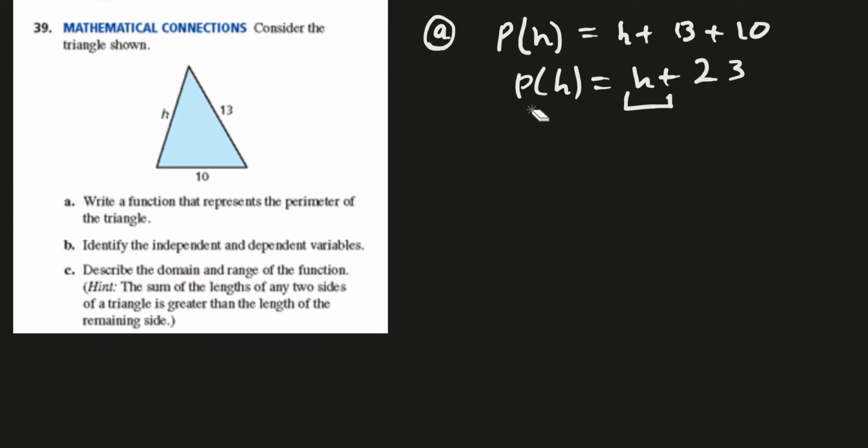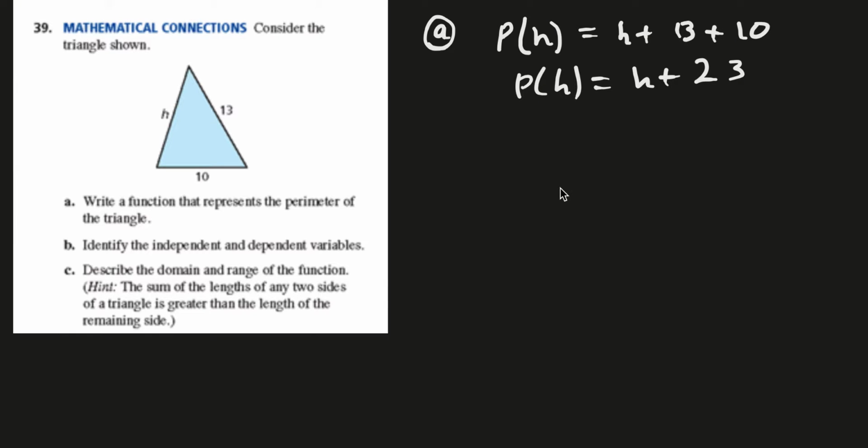We have an input of h and an output of P of h, which is the perimeter. Based on this input, we're going to have different perimeters.